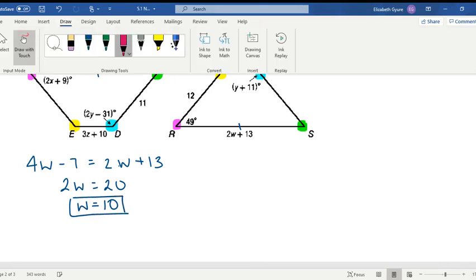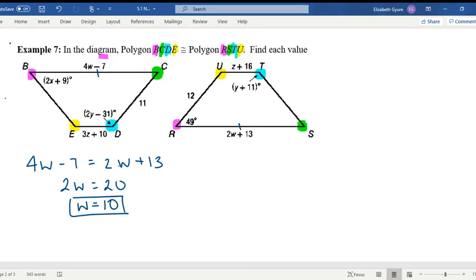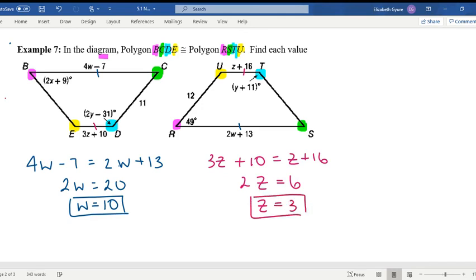Abby, what's another equation we could set up? Good, 3Z plus 10 equals Z plus 16. These two sides would have to be congruent. You should get 2Z equals 6, and then Z equals 3. I'm running through the algebra quickly just because I think the setup is more important.